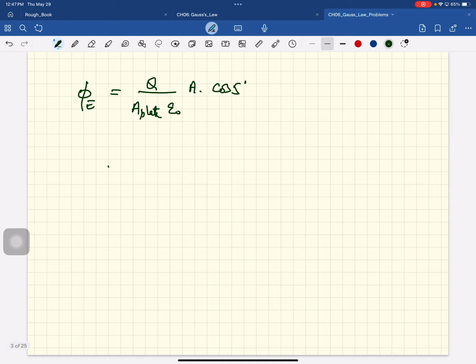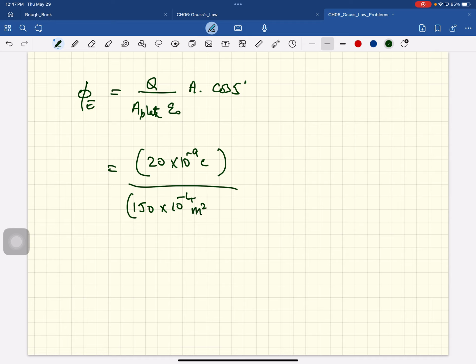So the flux is Q is 20 nanocoulombs. The area of the plate is 150 centimeters square, and each centimeter is 10 to the minus 2 meters, so that's 10 to the minus 4 meters square.